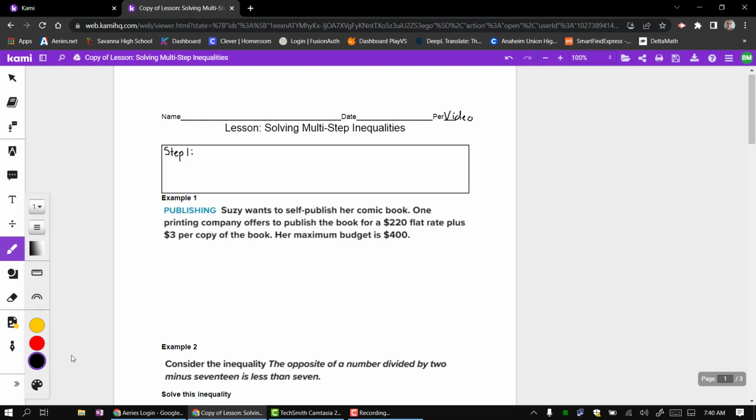With step one, we're going to isolate the variable term on one side of the inequality using addition or subtraction.